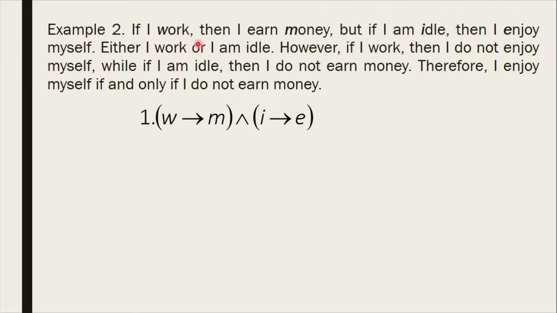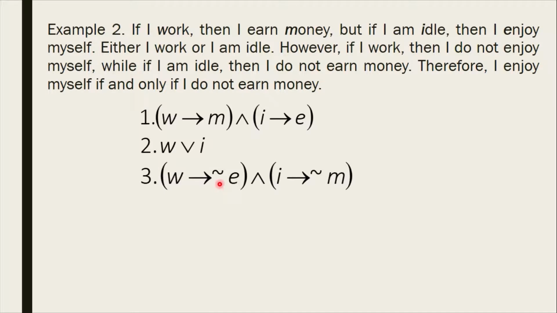So we're going to use disjunction. However, if I work, then there is a conditional statement again, then I do not enjoy myself. While indicates conjunction, if I am idle, then I do not earn money. So therefore, our third premise is a conjunction of two conditional statements.